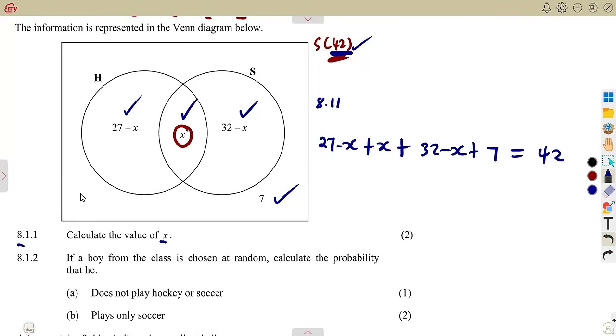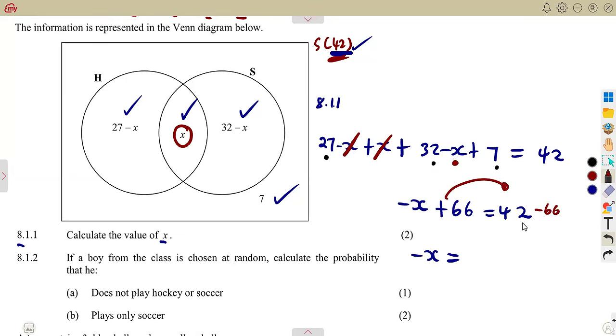That's forming an equation which we can solve for X. As we can see, the minus X plus X cancels. You remain with minus X. Add the numbers 27 plus 32 plus 7, that is going to be 66. That is equal to 42. So minus X is equal to 42 minus 66, which is negative 24.